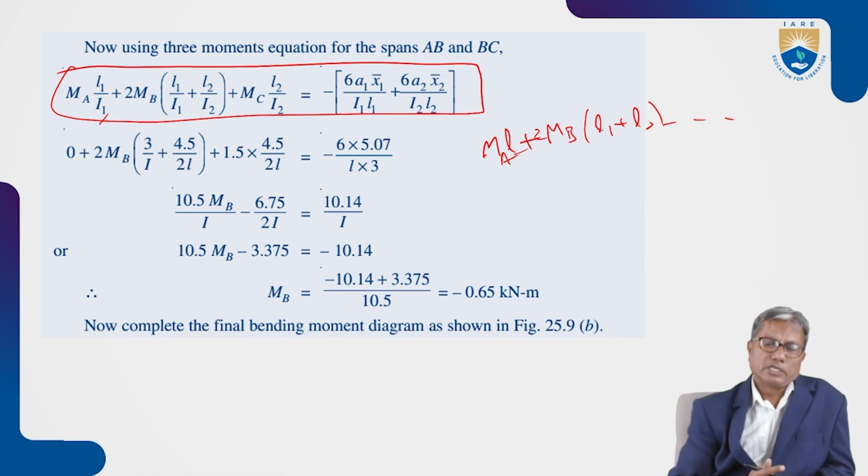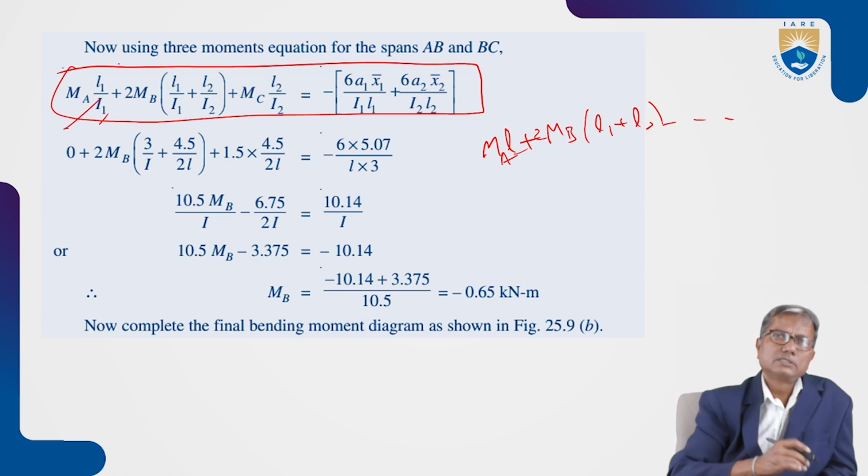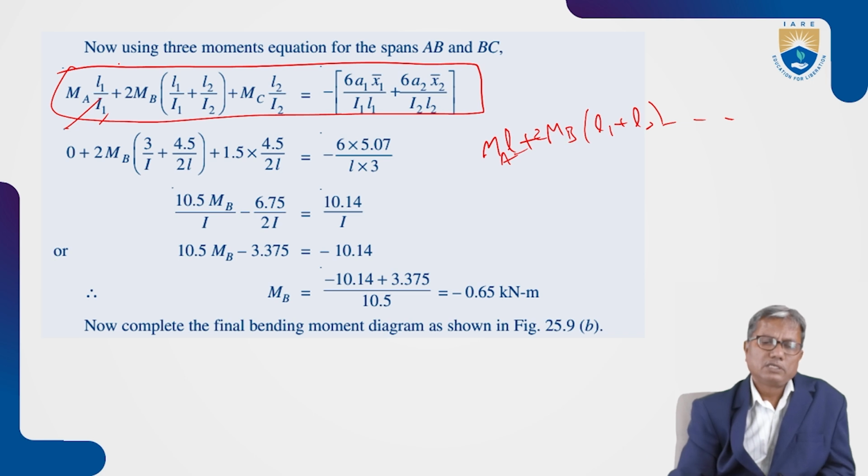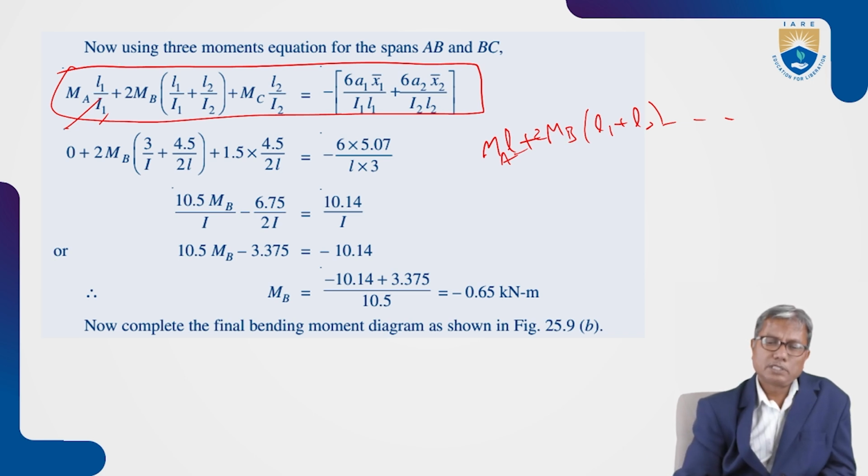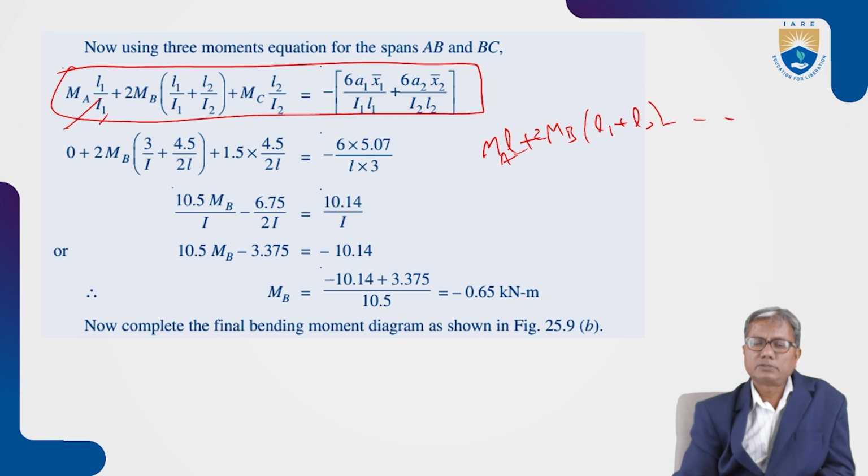The general equation we have derived: MA L1 by I1 plus 2MB into L1 by I1 plus L2 by I2 plus MC into L2 by I2 equal to minus 6 A1 x1 bar by I1 L1 plus 6 A2 x2 bar by I2 L2. This is the general equation.